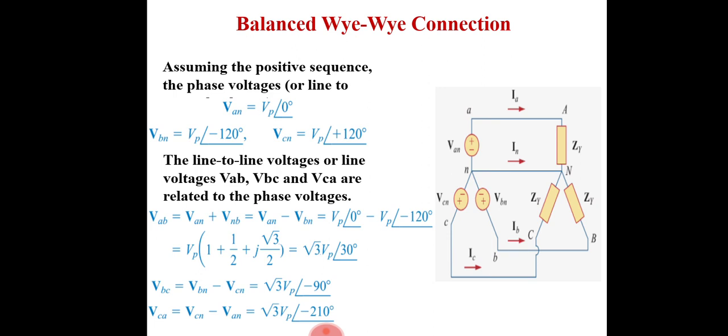So the equation becomes VAB equal to VP in bracket 1 plus 1/2 plus j √3/2, that is VP times 3/2 plus j √3/2. Now we find the magnitude: square root of (3/2) squared plus (√3/2) squared, which is square root of 12/4, that means square root of 3.